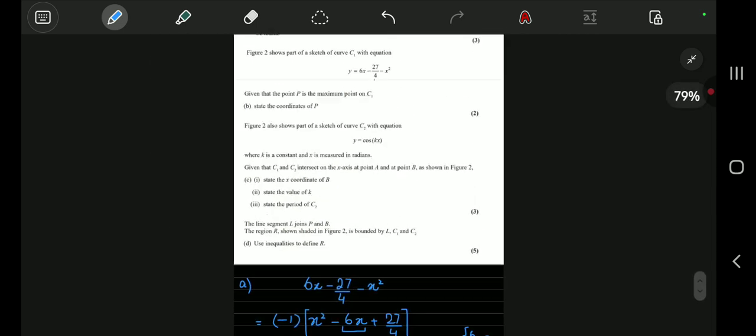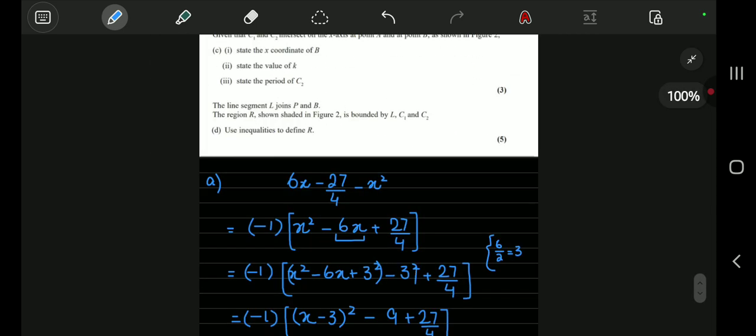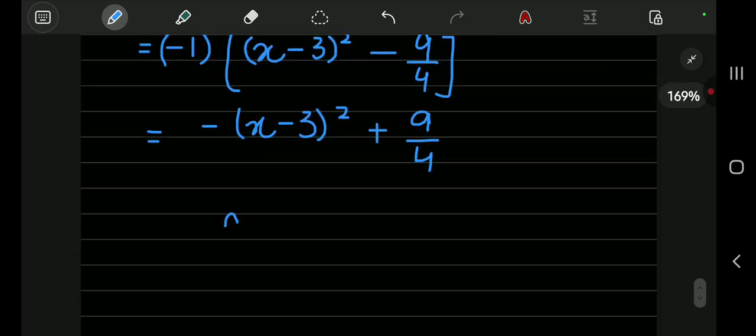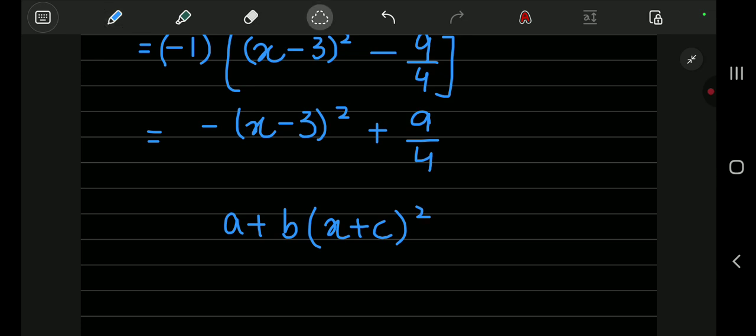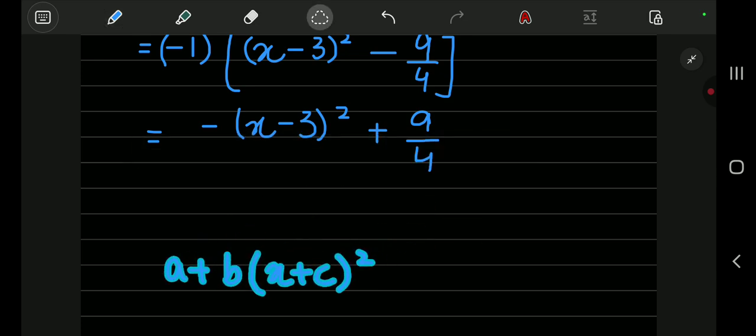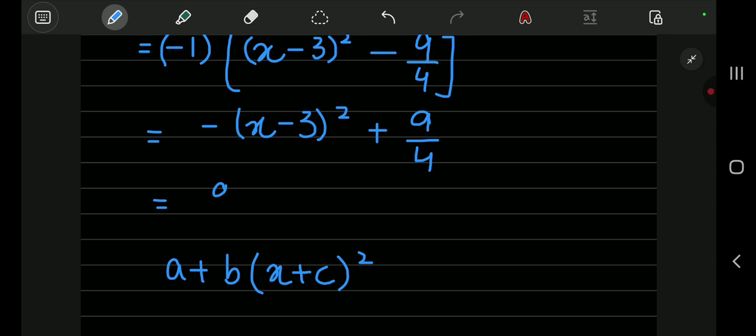So now comparing this with a plus b times (x plus c) whole square. Okay, just making it into one more step of simplification, because we have the constant term first in this, so we are writing that as it is, so our comparison is easy.